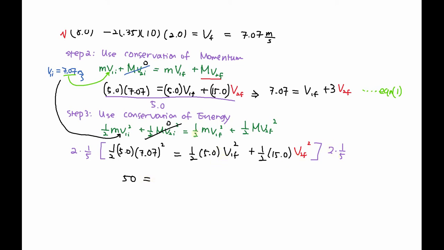When you multiply by 2 and divide by 5, you have the velocity final for the smaller block squared, and this is what you get. I'm gonna set that as equation 2.